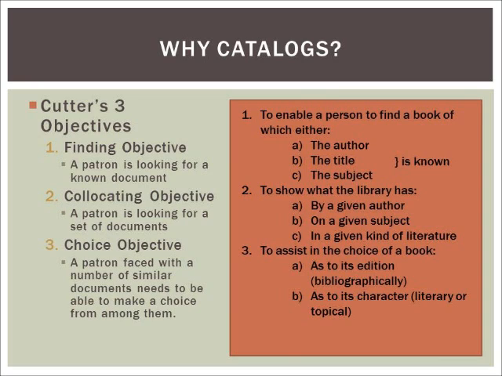The last objective of the catalog is to help the patrons choose. The patron may have found several records for Twilight by Stephenie Meyer in the catalog, and the information in the catalog records will help the patron choose which resource will best meet his or her needs. So there's the finding objective, the collocating objective, and the choice objective.